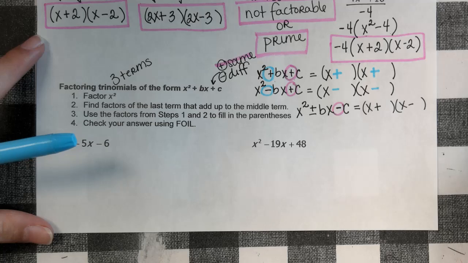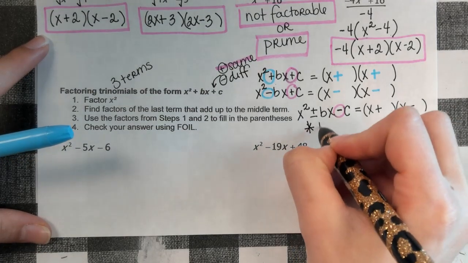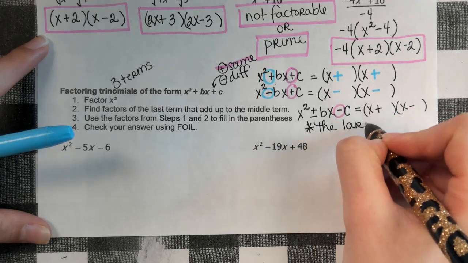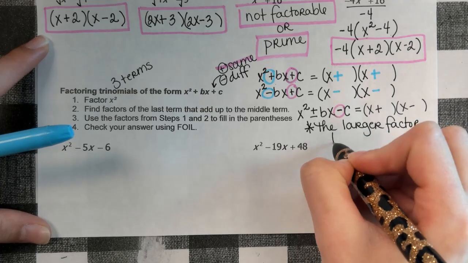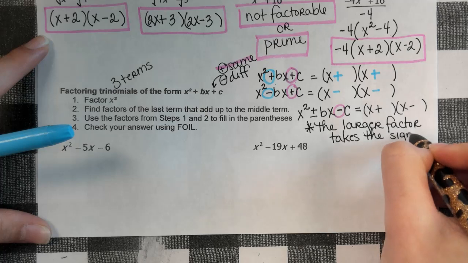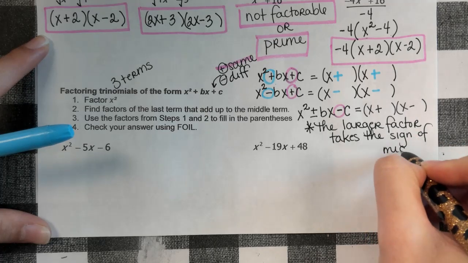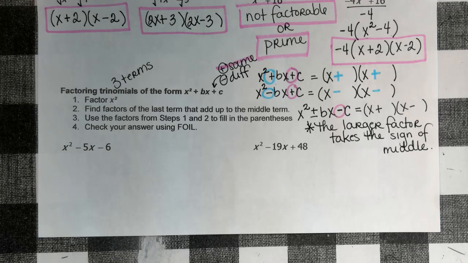Once you find your factors, when they are different signs, the larger factor takes the sign of the middle. So when you break your number into 2 factors, the larger factor takes the sign of the middle term. And we'll look at our examples, and that's the same for all trinomials.